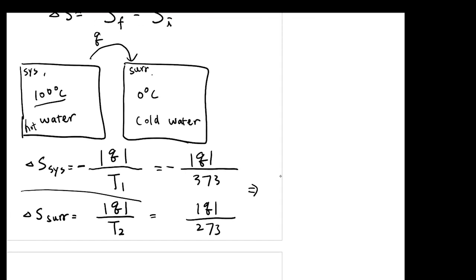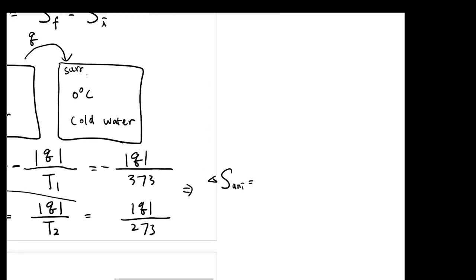From here you can calculate your delta S universe, which is the sum of the two: negative Q over 373 plus Q over 273.